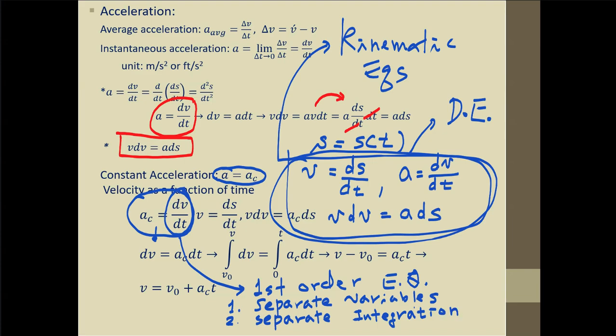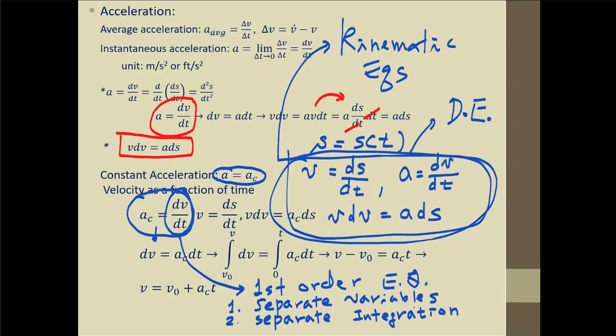So always to solve a first order differential equation, first of all, we need to separate the variables completely. The left-hand side should have only one variable, whereas the right-hand side, only one variable. Two variables are completely separated. And then we integrate separately.